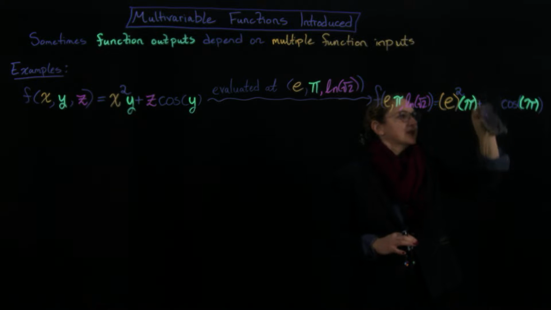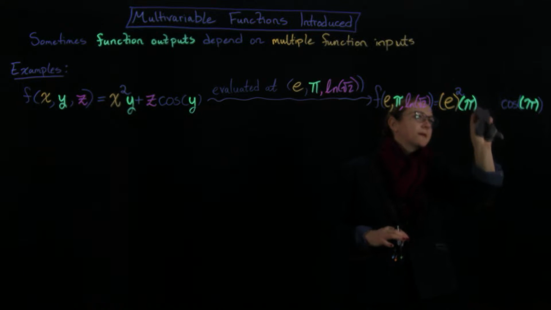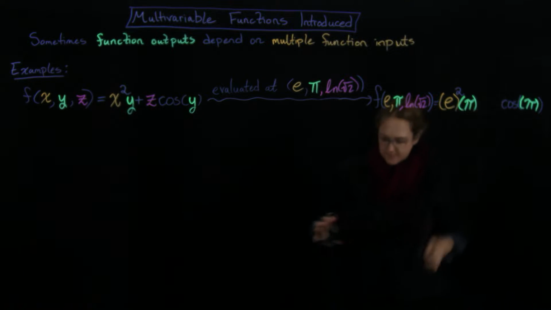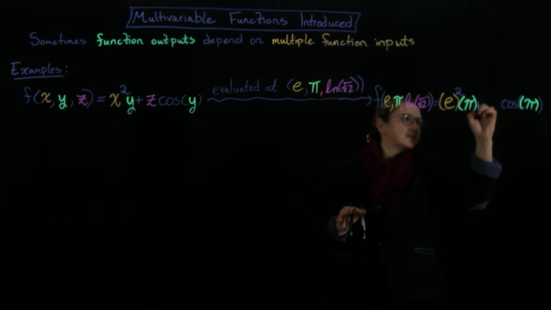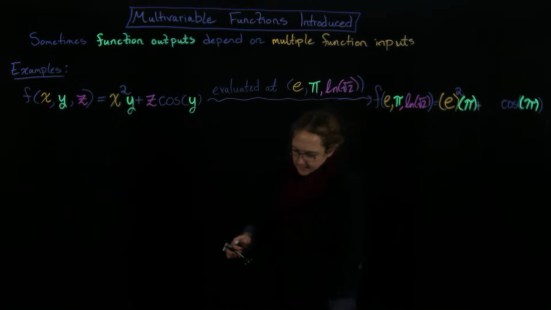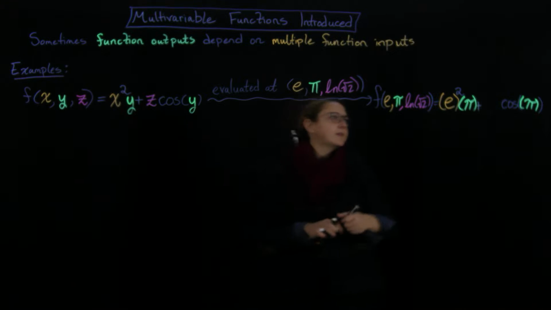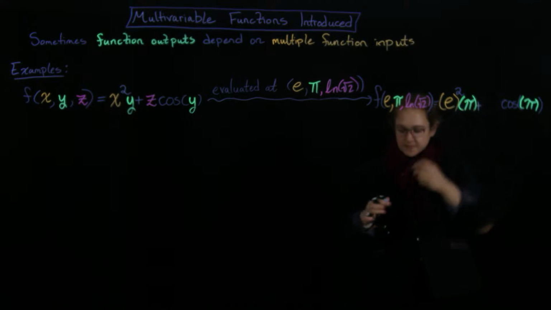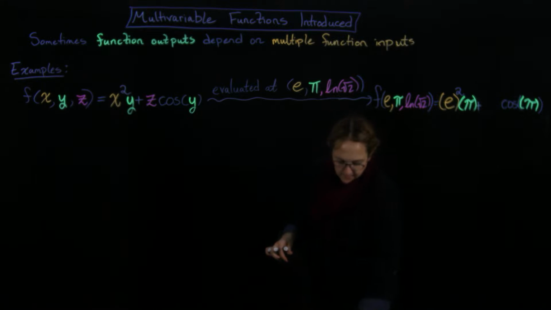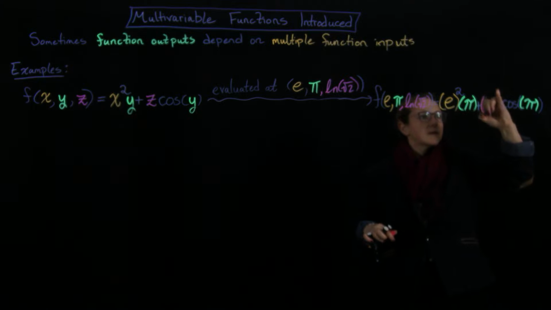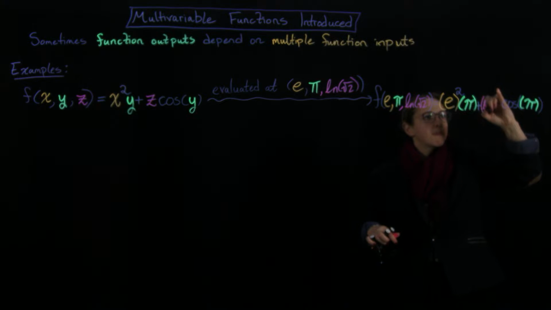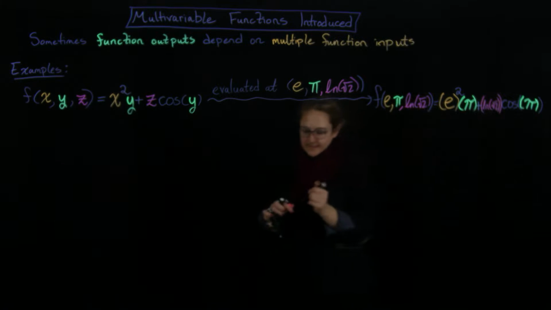Let me fix that a little bit so you can see better. So this is going to be plus, and then I'll write it a little thinner, so we can have ln of the square root of 2. Hopefully that's a little easier to see.